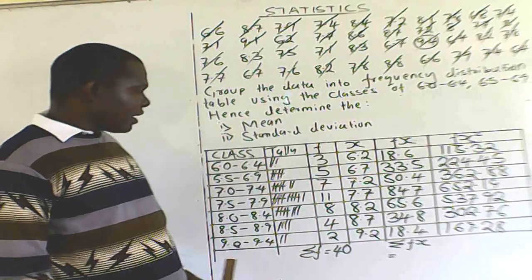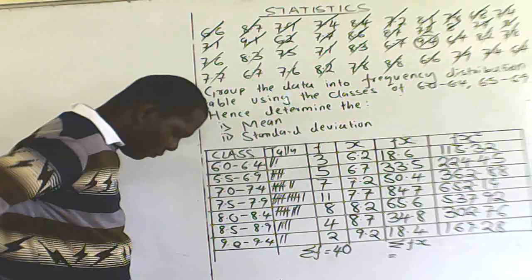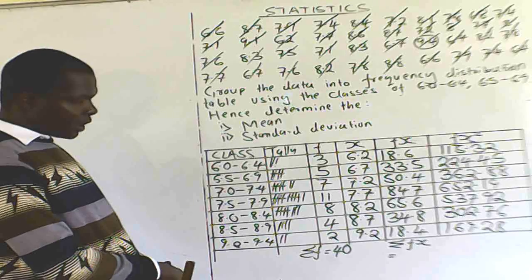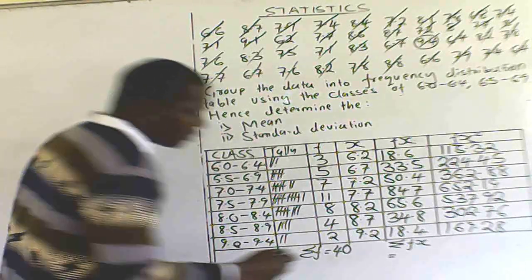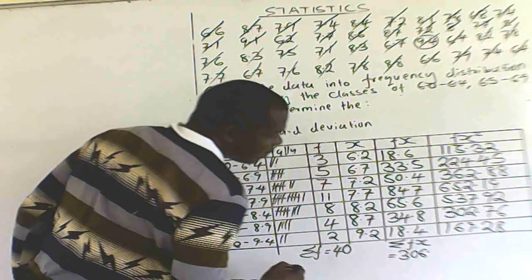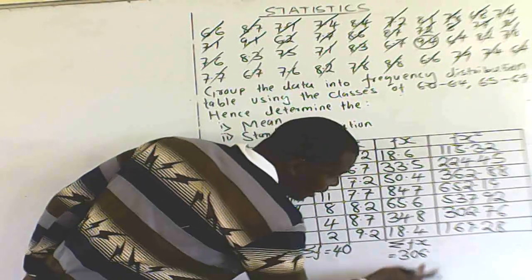Add all the fx. Three or six? 306.00. So it is just 306.